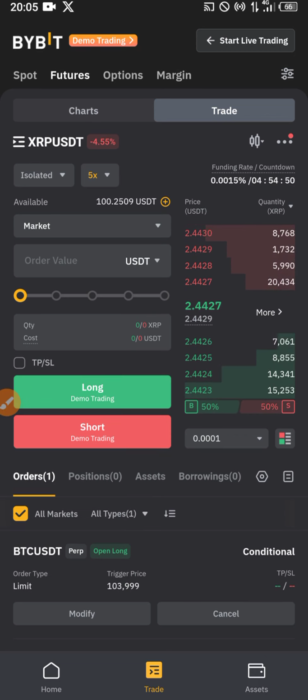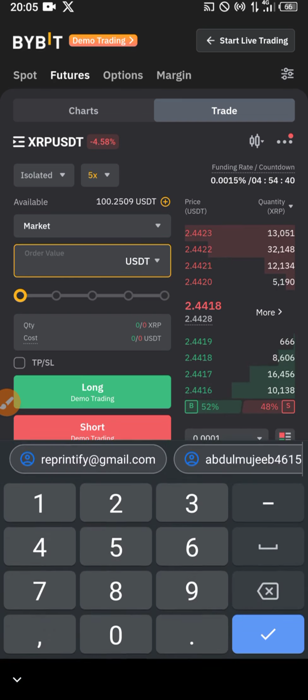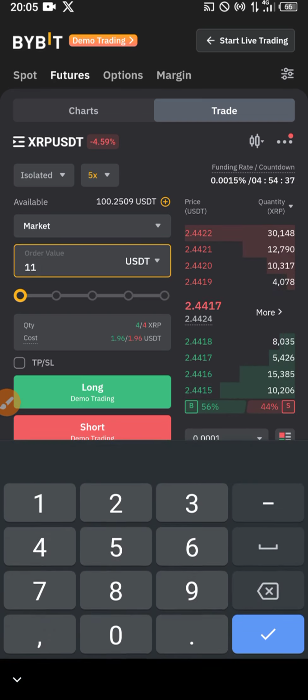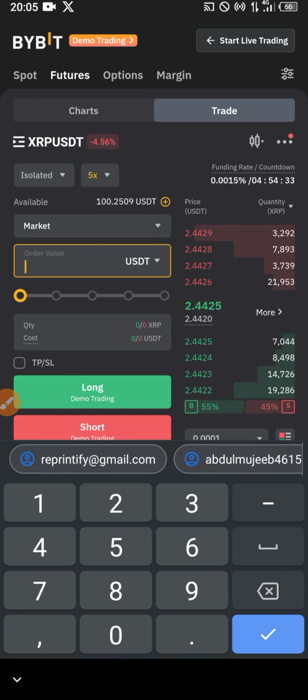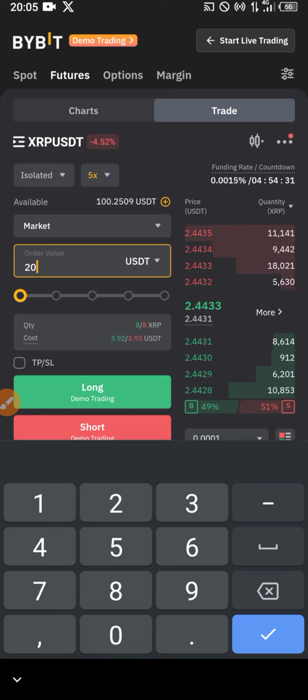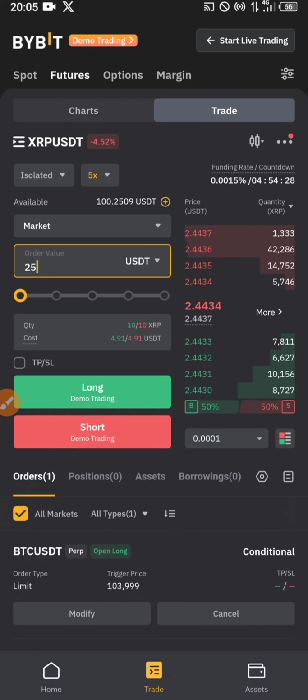Now let's say I want to trade 10 worth of Ripple. One Ripple is 2.44, right? One Ripple is 2.44 and I want to trade 10. That's about 11 USD, right? Oh, 11 USD is for quantity. So let me increase it. 20 is 8, 25 is 10, right? I want to trade 10 quantity of Ripple.